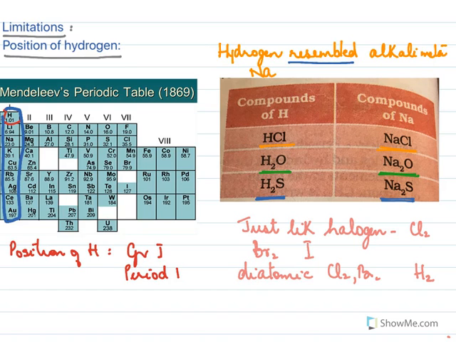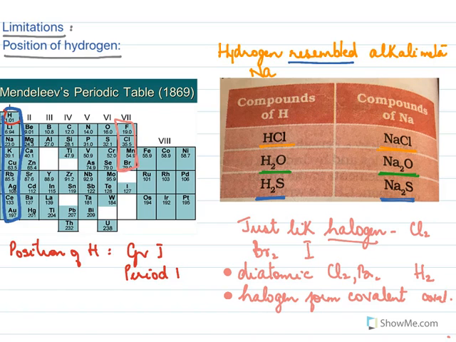Then it also combines with metals and non-metals to form covalent compounds. Halogens form covalent compounds, and hydrogen also forms covalent compounds. So it showed properties very similar to halogens, and hence he should have put it with the halogens also.